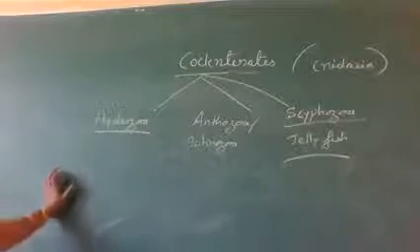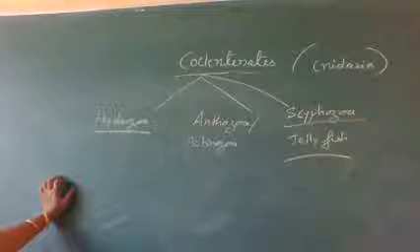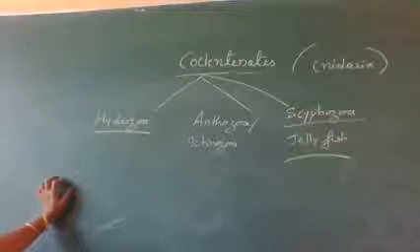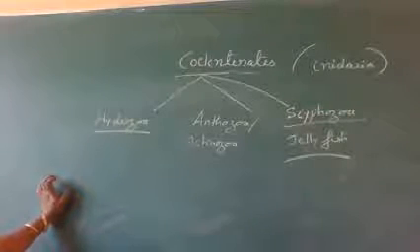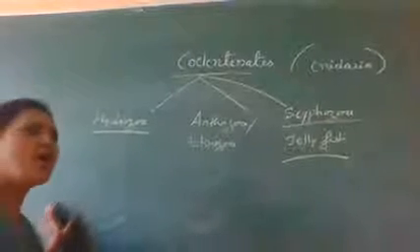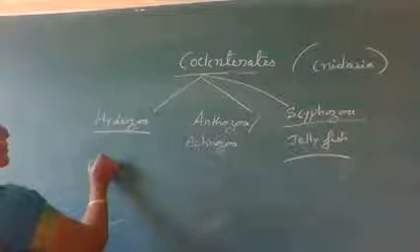So jellyfishes are included under which class of the Coelenterata? That is Scyphozoa. And all the corals, with a calcium carbonate skeleton secreted by them, belong to the group of Coelenterata called Anthozoa. Hydrozoa are mainly Hydra, Obelia as well as Physalia.